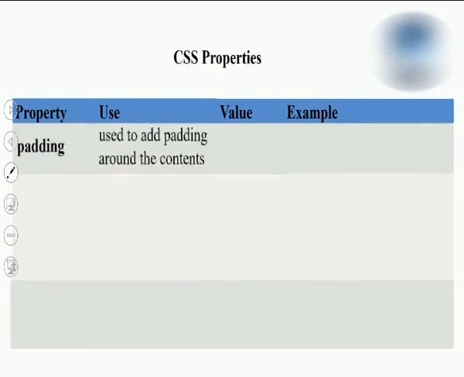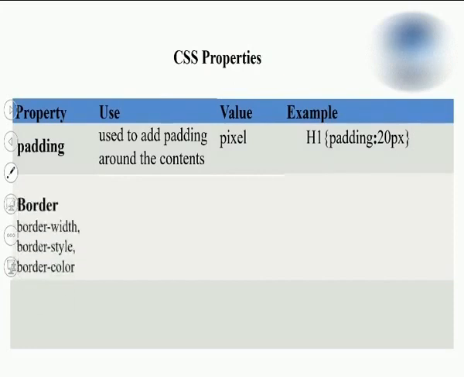Students, what is padding? Padding you can add to give a space around the contents. You can specify that in pixels. So if I specify h1 padding: 20px, for the heading it will keep a distance of 20 pixels around the heading from other elements.